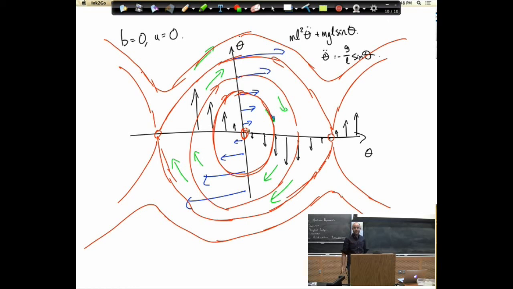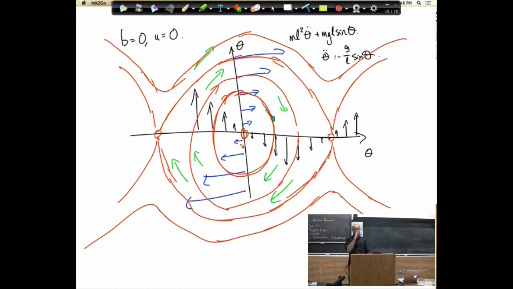Is it stable in the sense of Lyapunov? Why is it stable in the sense of Lyapunov? If I start near it, if you give me some ball that I have to stay inside, I can definitely pick an initial condition or a set of initial conditions so that it'll never leave. So it's stable in the sense of Lyapunov.